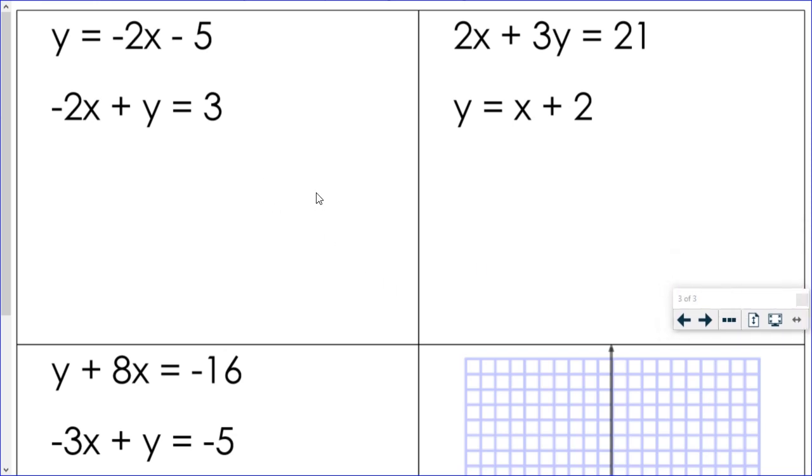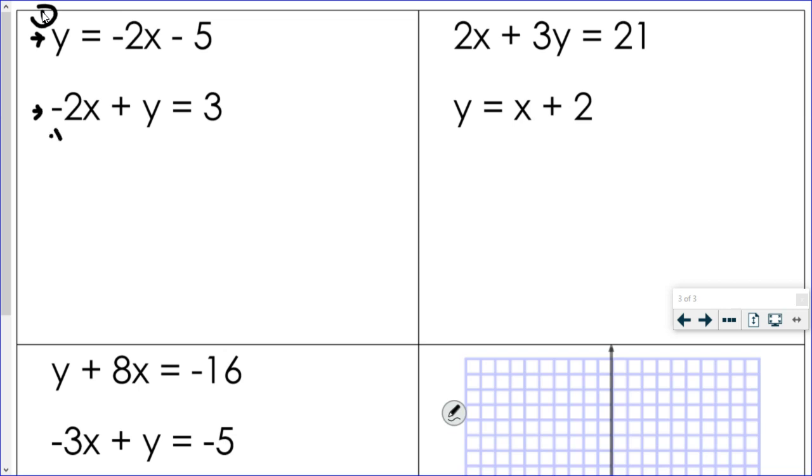Look here, number one is in slope-intercept form. This second one is not in slope-intercept form, but it could be.